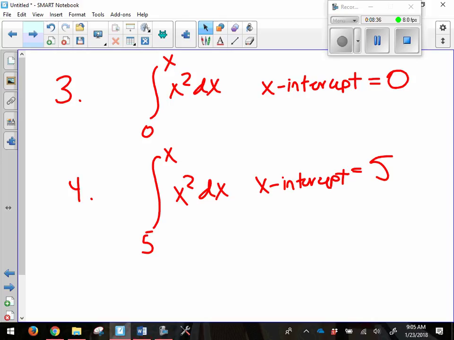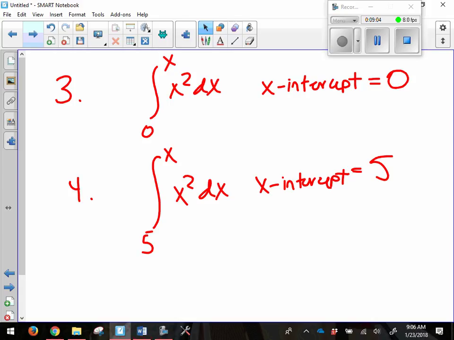All right. If it's shifting it this way, originally the graph was, yeah, vertical works both ways. Okay.